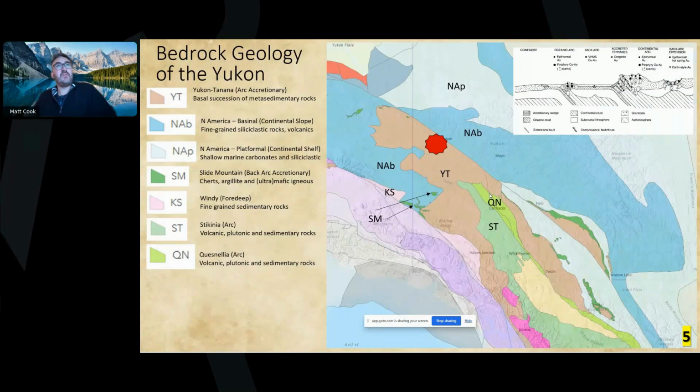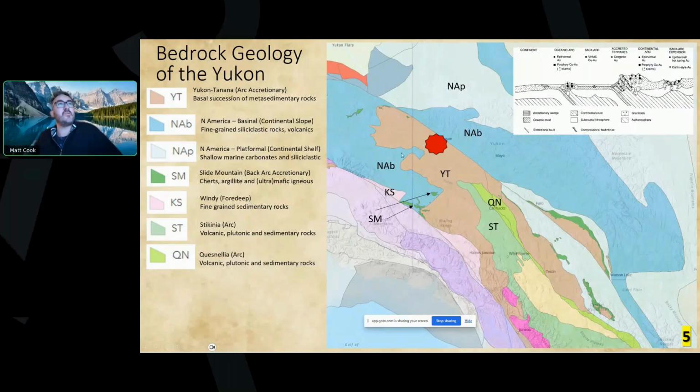We can see that running sort of northwest to southeast, there is a series of terranes, and each of these terranes broadly coincide with one of these genetic environments that we can see up here.